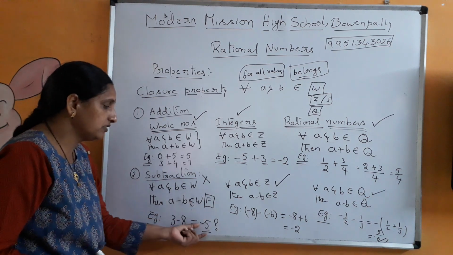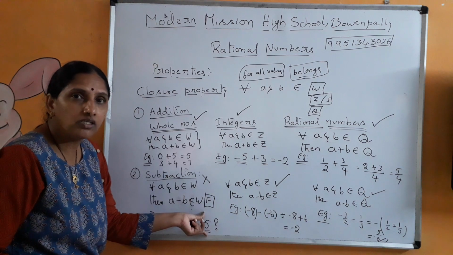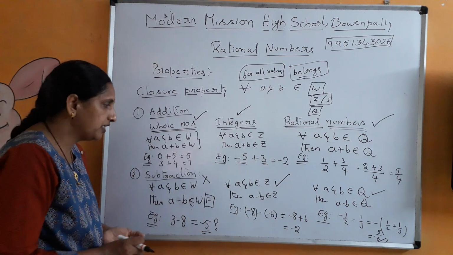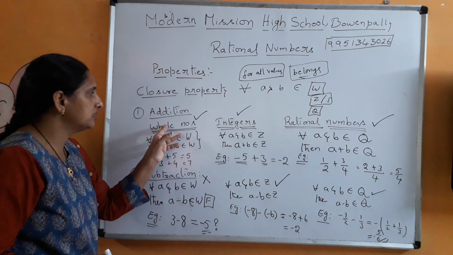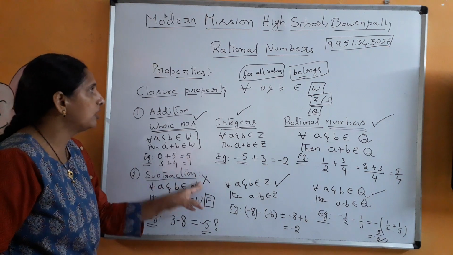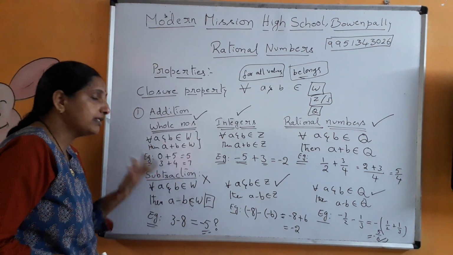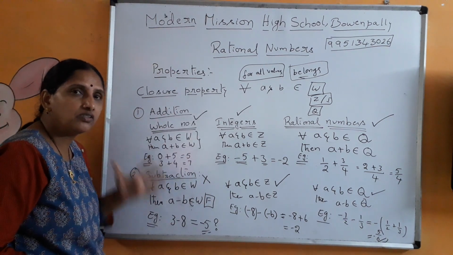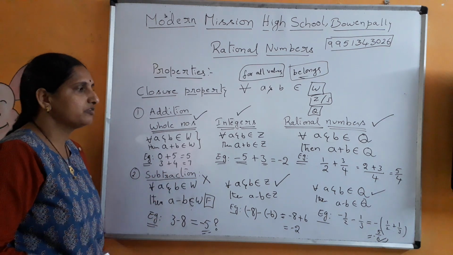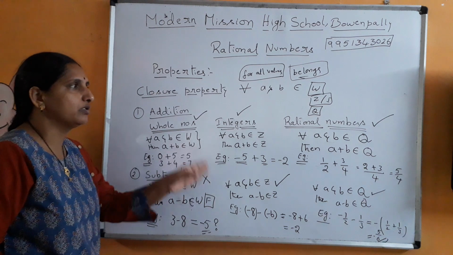There are few cases where the result is not a whole number but it is an integer. Clear? So therefore we say that whole numbers do not obey closure property under subtraction. Which operator is it not closed under? Under subtraction. Okay? Pause the video for a moment and please copy all these things.